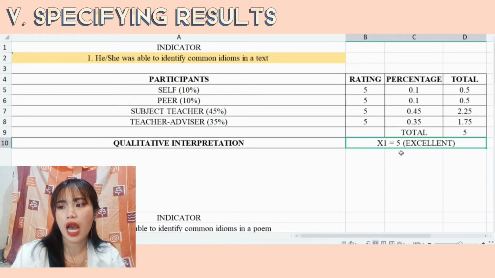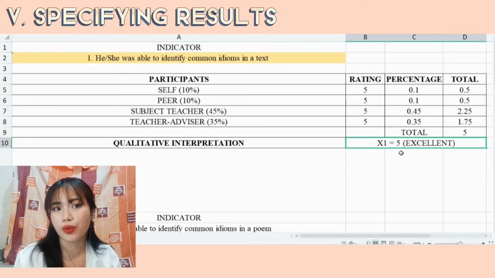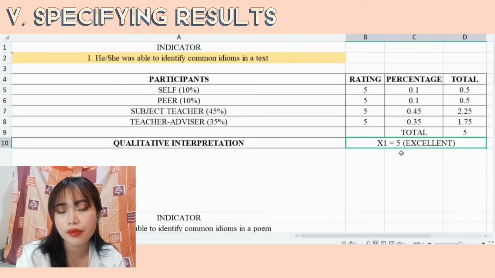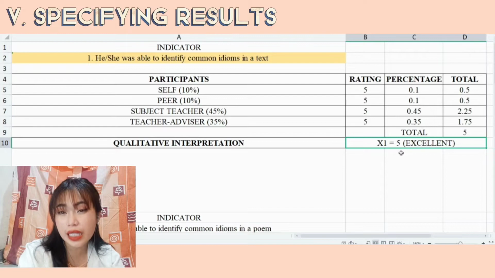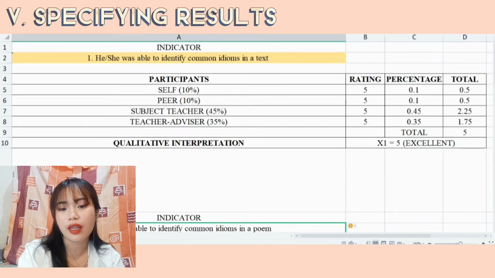The first column has self, peer, subject teacher, teacher advisor all in a single column. Next is their rating. What were their ratings earlier? We have 5, 5, 5, and 5. All of them rated the first indicator, he or she was able to identify common idioms in a text, 5. So all of them agreed that Chris can do this indicator excellently.